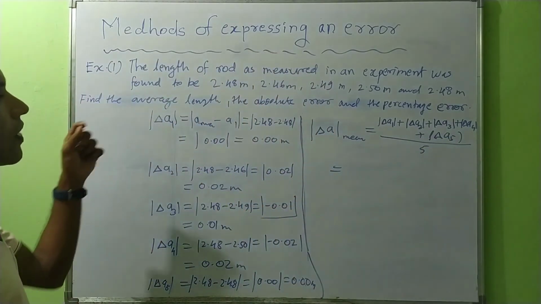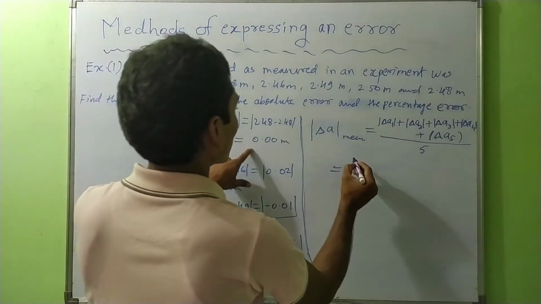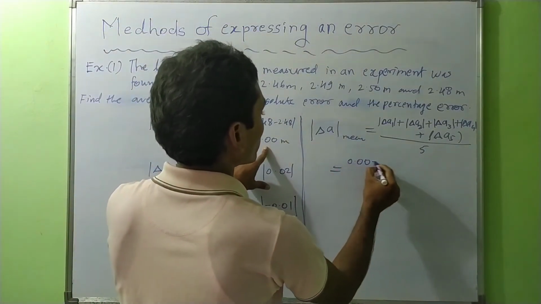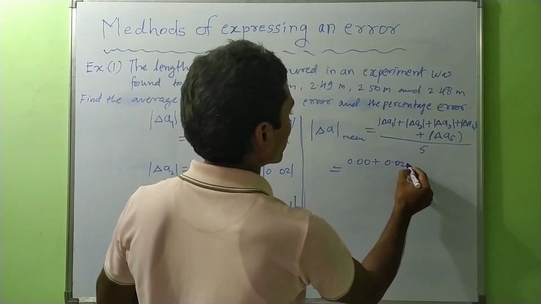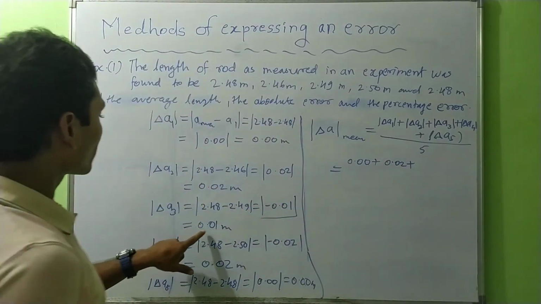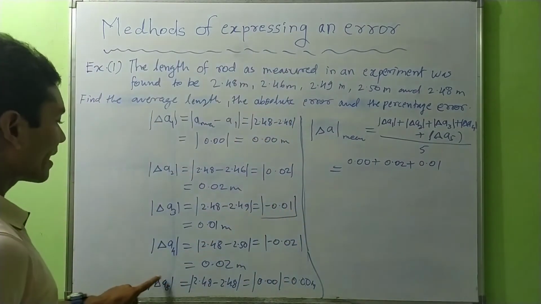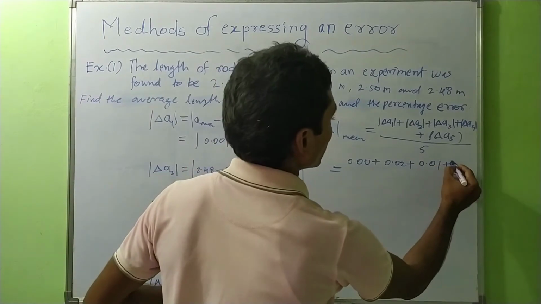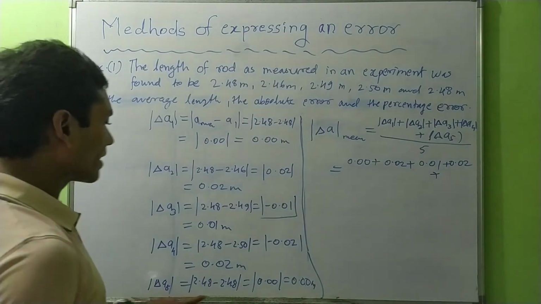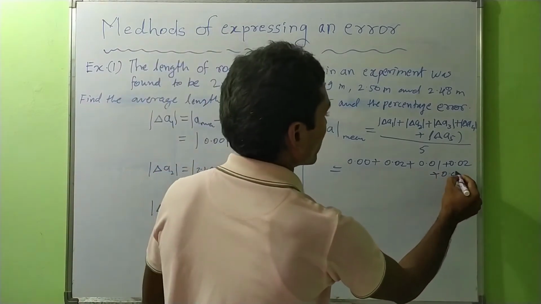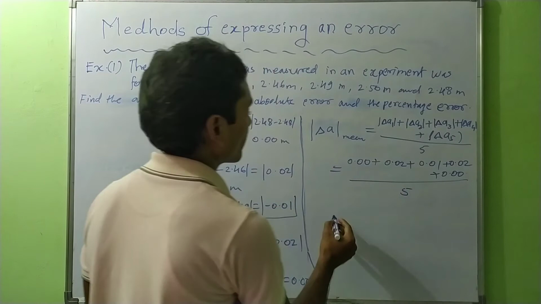On putting the values here, modulus del A1 is 0.00, modulus del A2 is 0.02, modulus del A3 is 0.01, modulus del A4 is 0.02, and modulus del A5 is 0.00, upon 5.